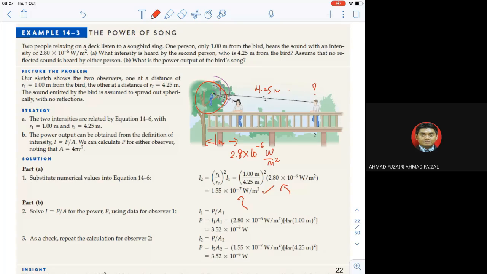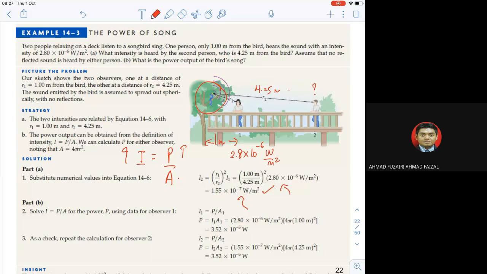Looking at the equation, I equals P over A, intensity is directly influenced by P and A. If the power is increased, then intensity also increases. So when we hear the loudness of the sound increase, we know that the intensity is increasing.